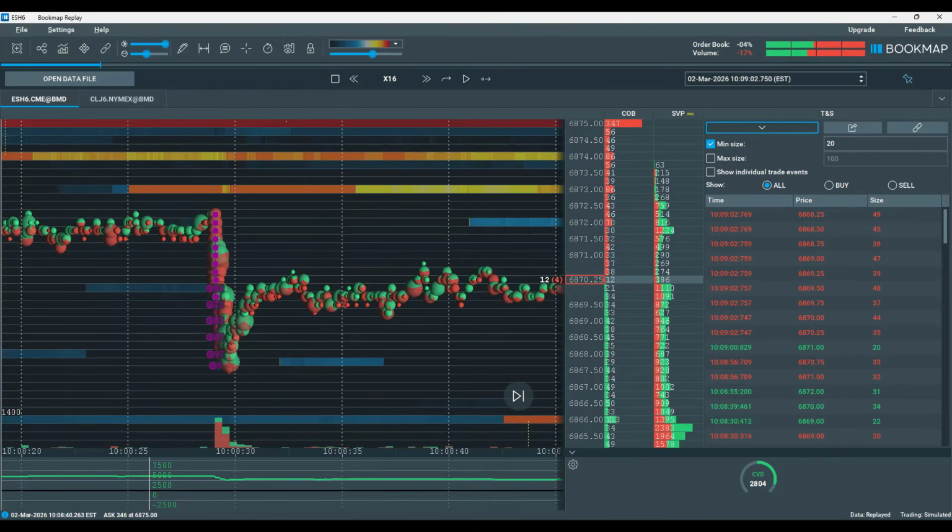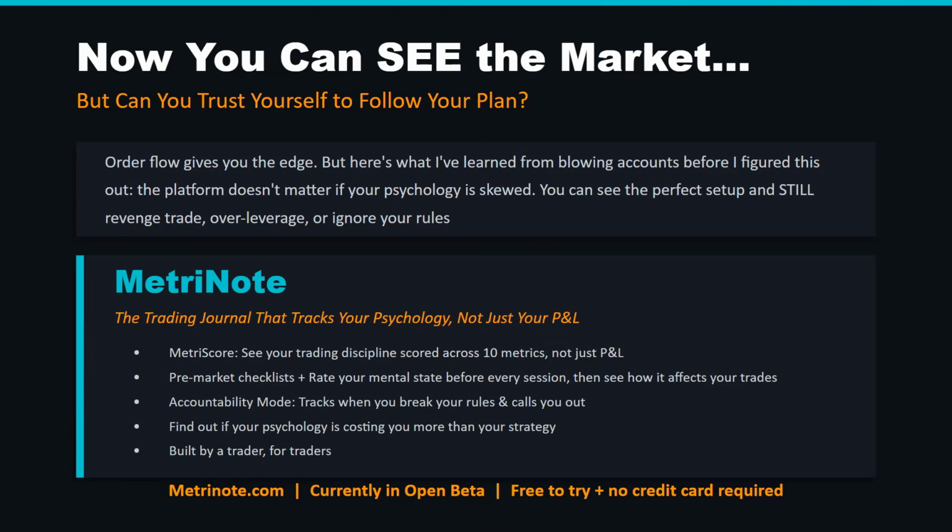And one last final thing before we close out today. So now you can see the market. You've got the heat map, the dots, the patterns, the strategies. But what I've learned the hard way, and I'm talking from personal experience as a trader for 6 years, I've blown plenty of accounts before I figured it out. The tools and the strategy don't matter if your psychology is skewed.